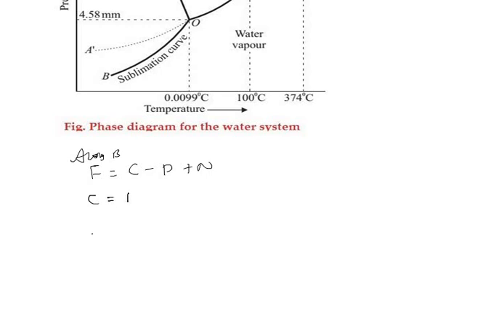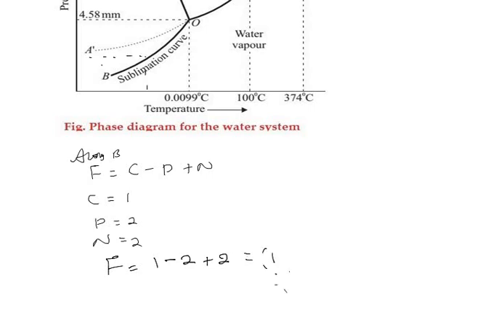We only have one component, that's water. And then your P will be two phases, because two phases are coexisting at this point. While your N will be 2 also in this system. So in calculating our F, we'll have 1 minus 2 plus 2. So in this case, our degree of freedom is 1.